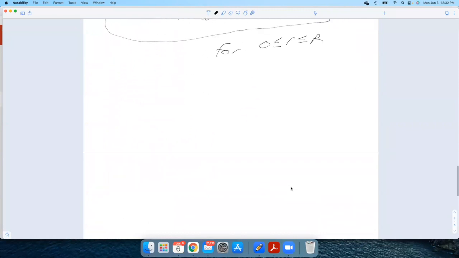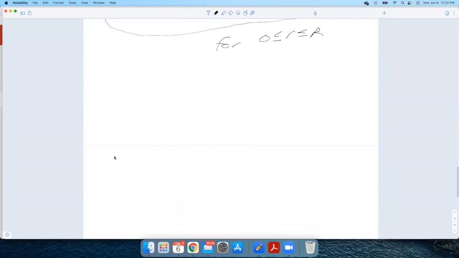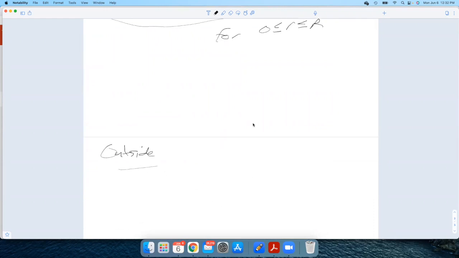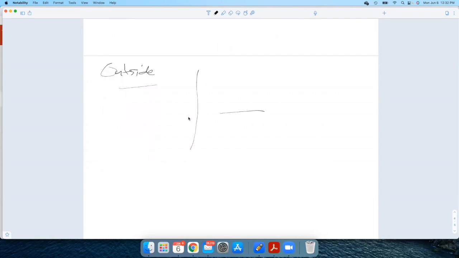Okay, now what about outside? We're only halfway done with that problem. Outside. So now I have to draw a brand new picture. Everything I'm writing is required for a complete solution on these. Here's my charge distribution, capital R. Draw that to make that look like a sphere.